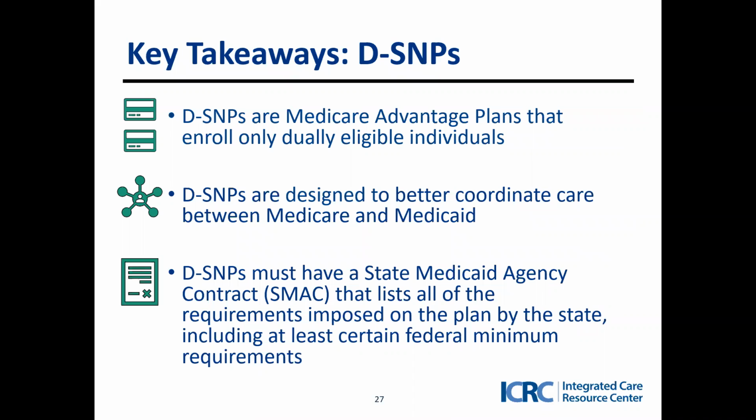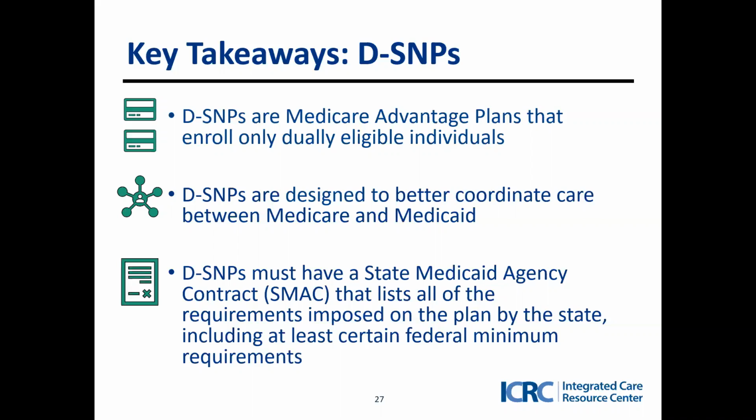So to close out our introduction of D-SNPs, here are a few key takeaways. First, D-SNPs only enroll dually eligible individuals, making it easier for them to tailor coverage and coordination of care for that population. D-SNPs are designed to better coordinate care between Medicare and Medicaid through several requirements that go beyond those of standard Medicare Advantage plans.